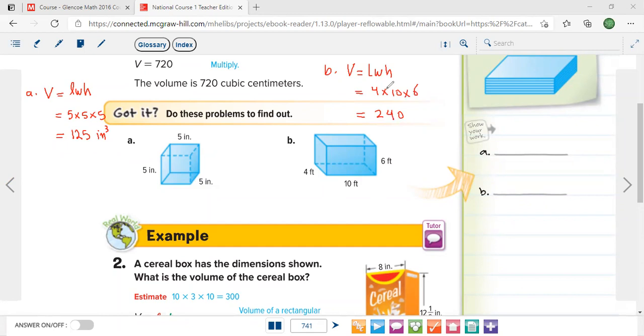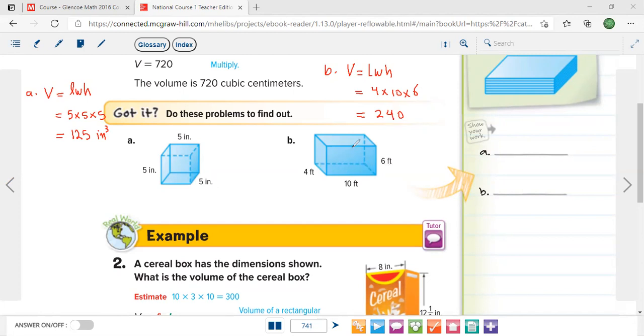And you will reach the same answer if you multiply 4 by 6 first. 4 by 6, 24 times 10, 240. The same if you multiply 6 by 10 first, 60 by 4, 240. So it really doesn't matter which one is the length, width, and height.